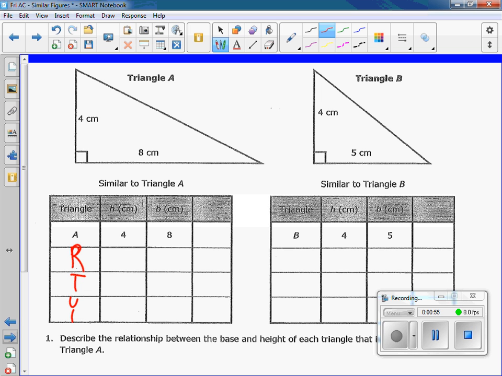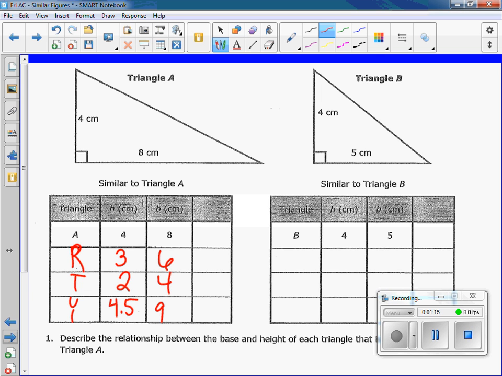The height of triangle A was 4 and the base was 8. Triangle R was 3 and 6. T was 2 and 4. And Y was 4.5 and 9. So how did I determine that they were similar?